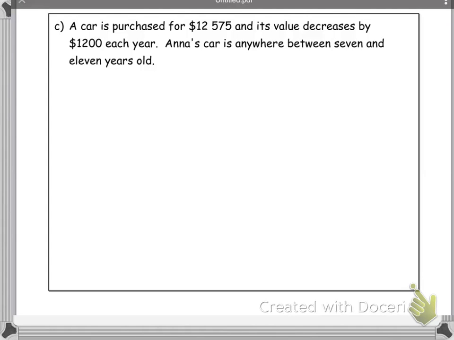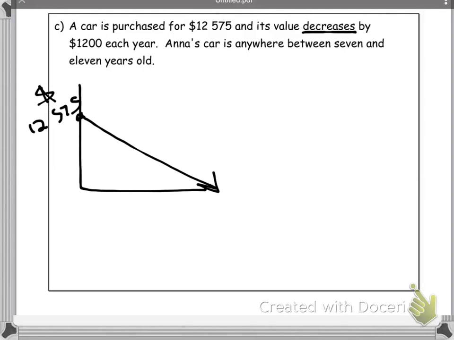A car is purchased for $12,575 and its value decreases by $1,200 each year. Anne's car is anywhere between 7 and 11 years old. So her car starts at a value of $12,575 and it decreases. So it goes down. So this is our x-axis, this is our y-axis.